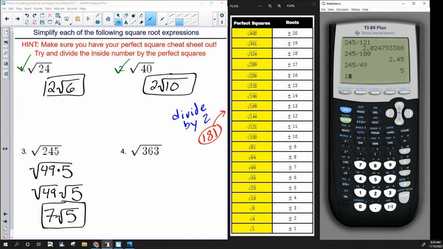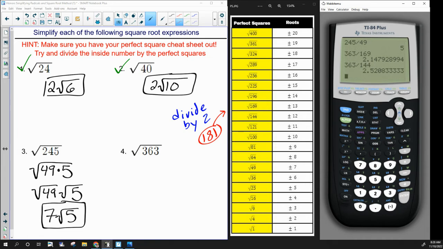So again, this is where it gets tedious, but it just is what it is. The number underneath, 363, divided by our first number, 169. Do we get a whole number? No, that's not our perfect square. We try the next. 363 divided by, next one down, 144.